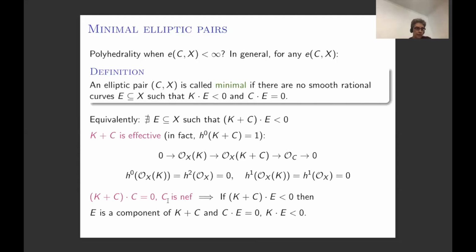C is an F class because C squared is 0 and C is an irreducible curve. So now any curve that intersects K plus C negatively has to be a component of K plus C. Therefore, C will have to intersect any such component in 0, and therefore K times this curve has to be negative.